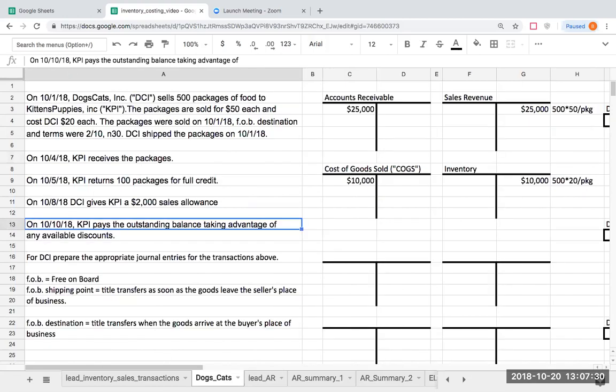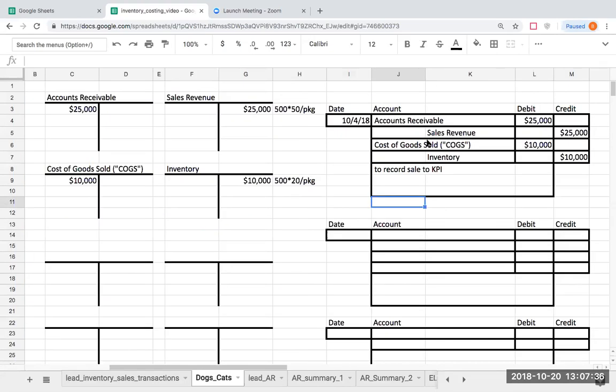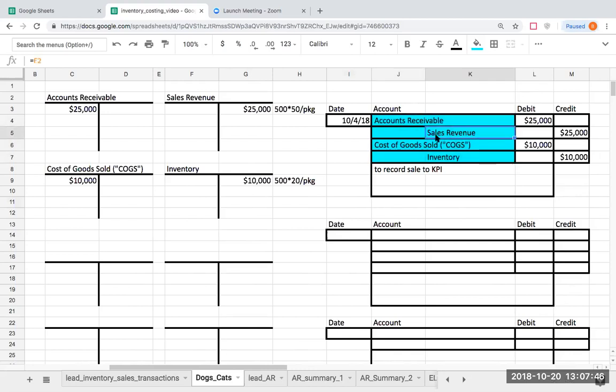So that's October 1st. Now, what is very important to remember is if I have a sale of goods, this form of journal entry, meaning I am debiting accounts receivable, crediting sales revenue, debiting cost of goods sold, and crediting inventory will never change. If I am a merchandiser selling inventory, this form of journal entry will never change.